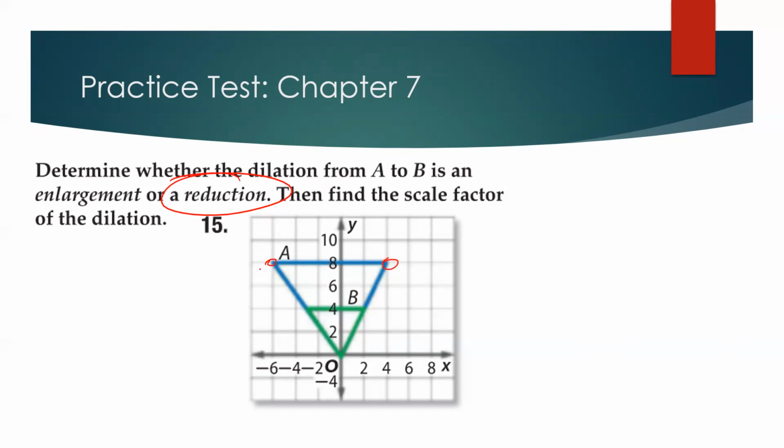So this point here is -6, +8. And this point here, the coordinates are 4, +8. So the distance, it's going by increments of 2. So we can just count 2, 4, 6, 8, 10. So the distance here is 10.